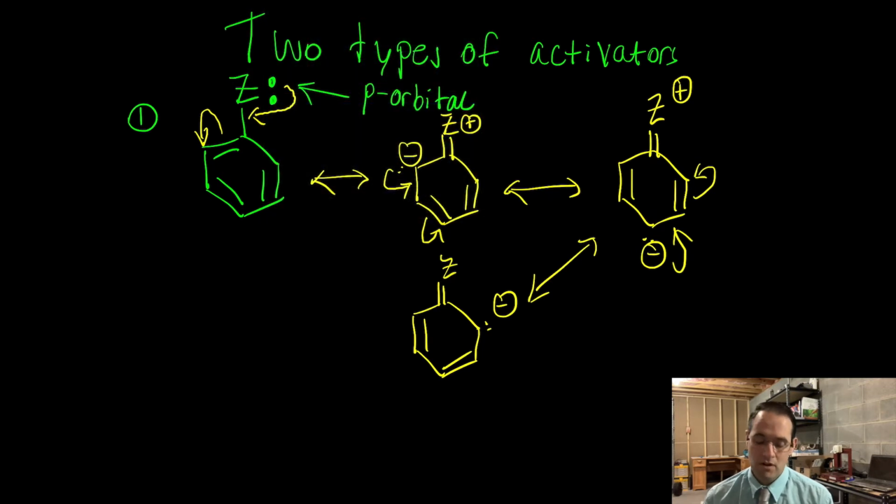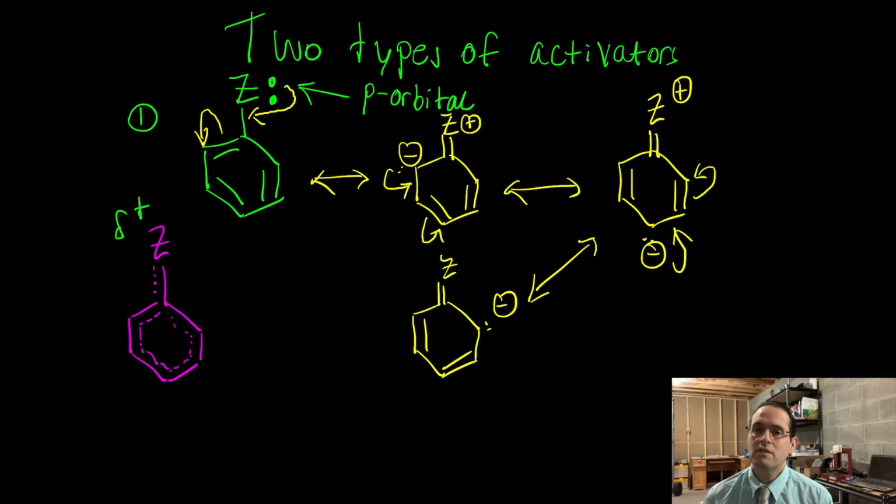So if we were to draw the resonance hybrid, which we normally don't draw in organic chemistry, we would draw the sigma bonds all like this, and then the pi bonds are smeared out everywhere. There's a partial pi bond to the Z substituent, and there's partial pi bonding between all the carbons of this ring. And if we write where the positive charge is, we would write delta plus on the Z substituent, okay?